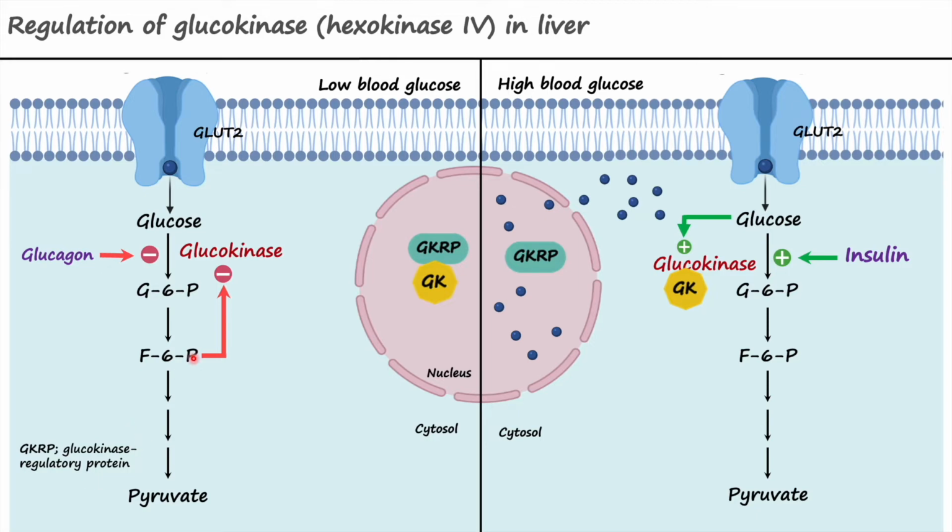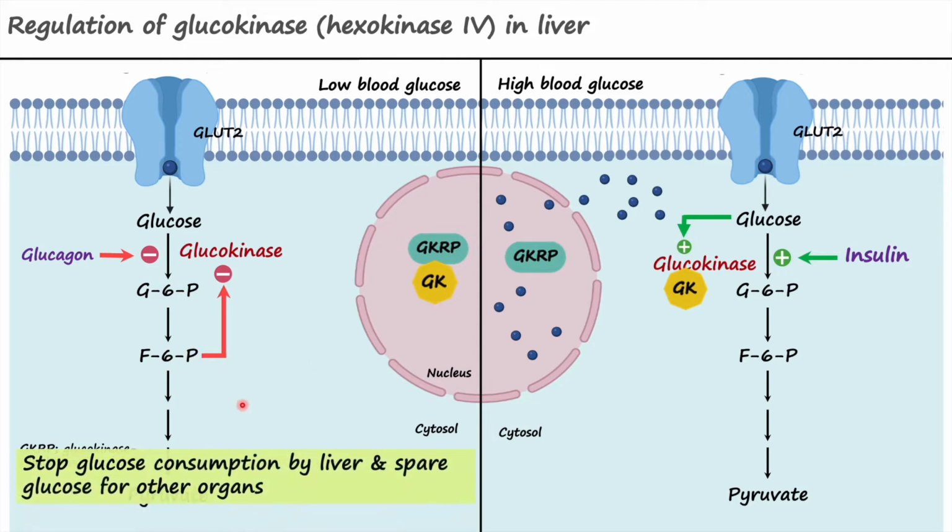Now the main purpose of slowing down the glycolysis pathway in the liver is to stop glucose consumption by the liver and spare glucose for other organs, and most importantly for the brain, because the brain solely relies on glucose to synthesize ATP unlike other organs. And in the presence of high blood glucose, when there is too much glycolysis going on, it also produces too much ATP.